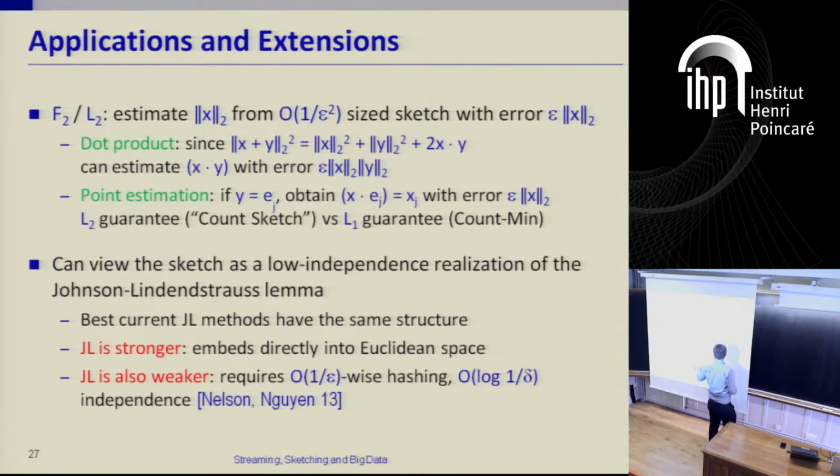If you look at the sparsity, it has almost constant sparsity. If I think about how much work I have to do to process one index of the data vector, I'm just hashing to a single bucket in each row. For Johnson-Lindenstrauss, I need to do something a little bit stronger in terms of how much independence I need. But it's all very much part of the same landscape of dimensionality reduction.